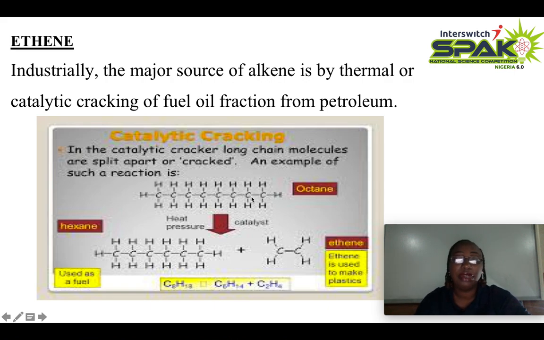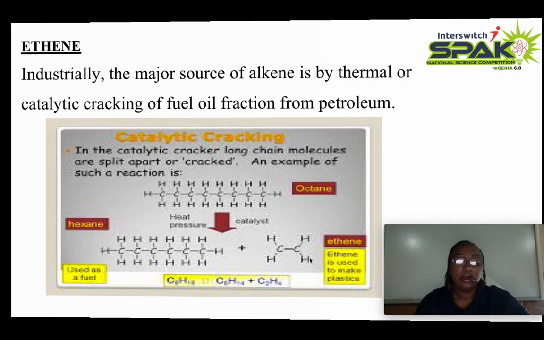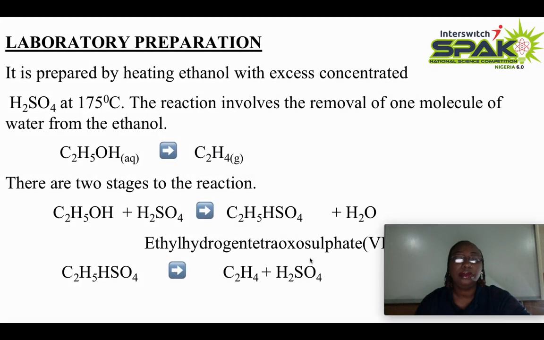For example, we have octane in this slide, C8H18, being broken down in the presence of heat, pressure, and a catalyst of aluminium oxide to produce ethane and ethene, which is used as fuel.